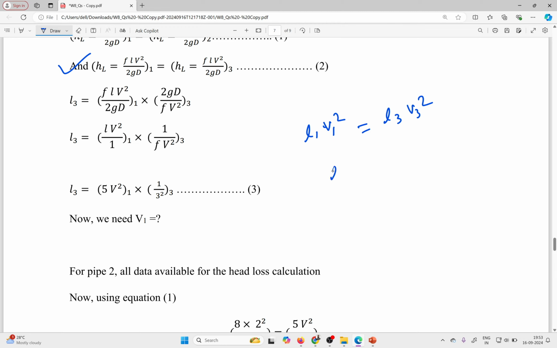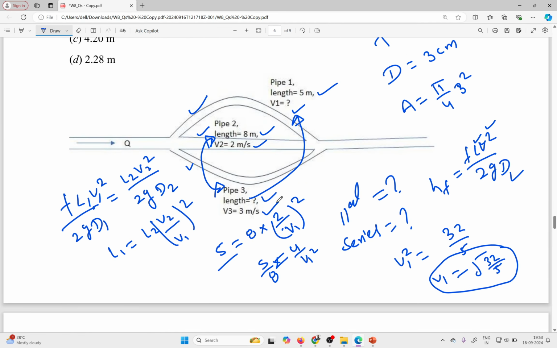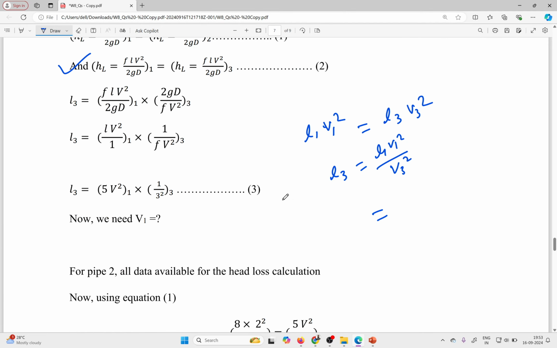So again you need L3, which is L1 V1 square divided by V3 square. L1 is given already as 5, and V1 you have already calculated.